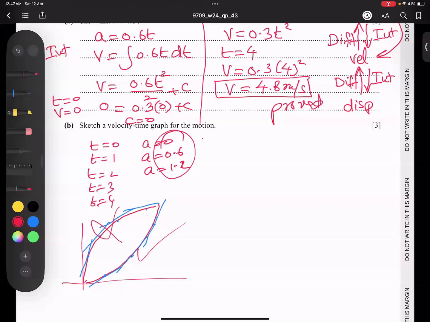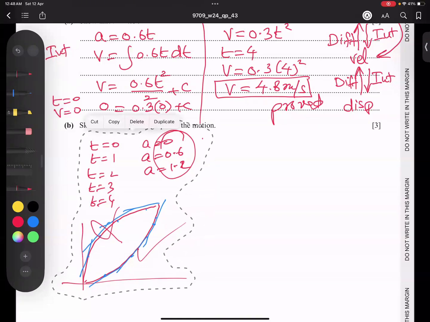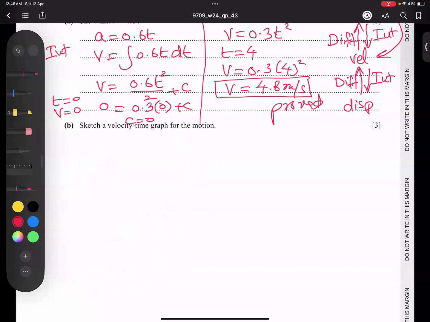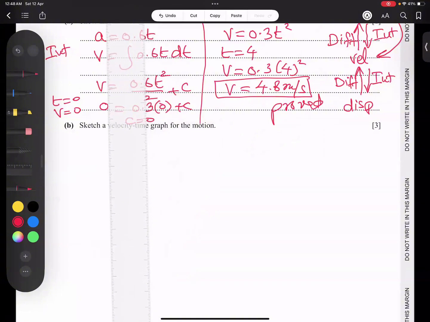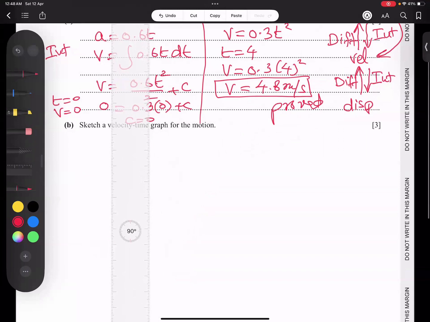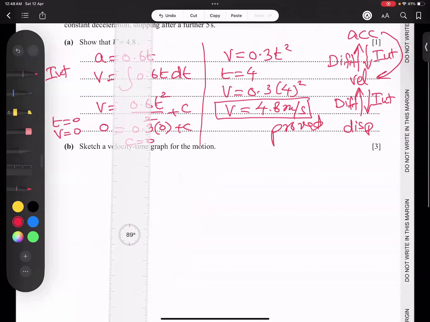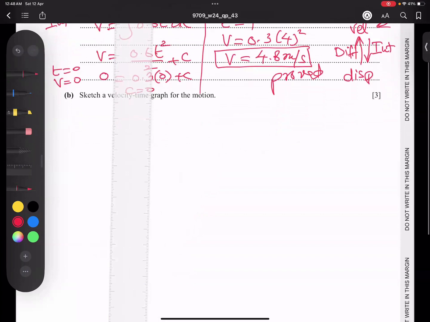So we found how easily, because acceleration is a gradient. Though it's a sketch, I suggest you make it close to accurate.